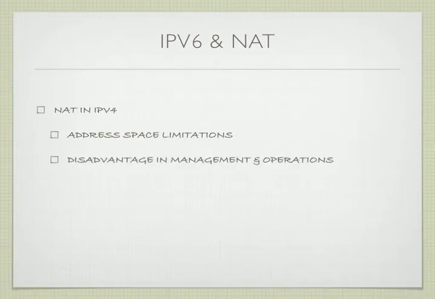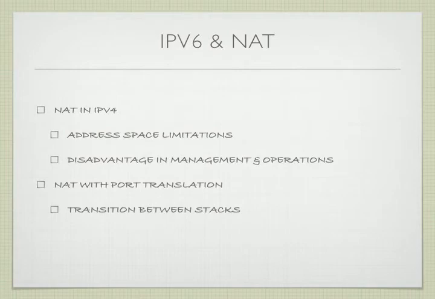But what it did do is add a level of complexity to our operational and management infrastructure as a result. So the ideal scenario was to have an address per object, but with NAT address translation and port translation, we were able to share these addresses across multiple devices.